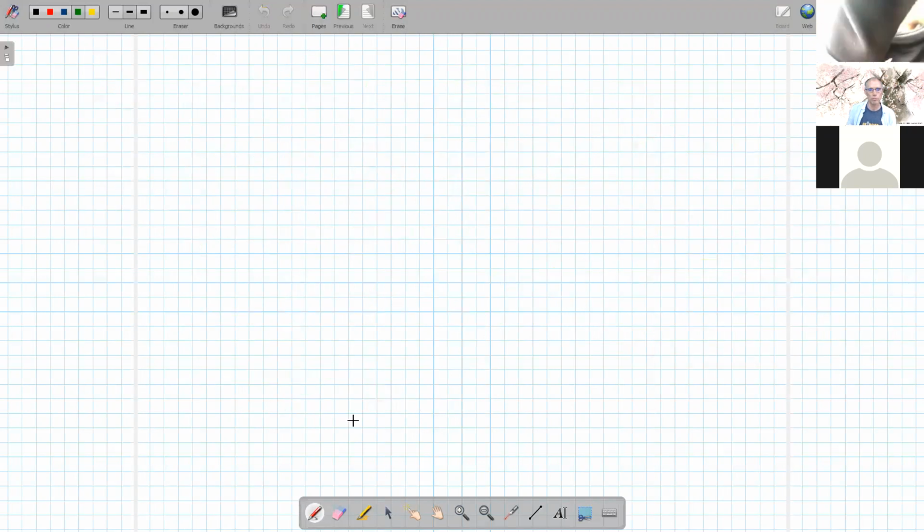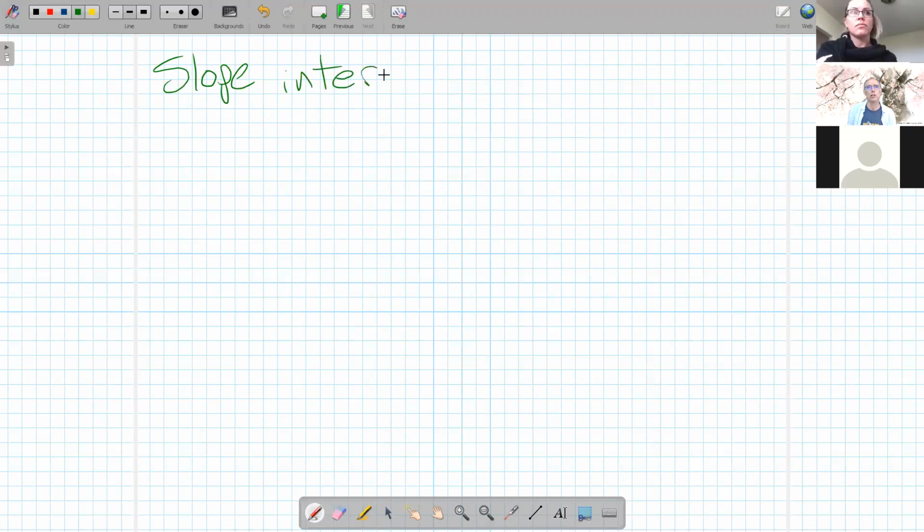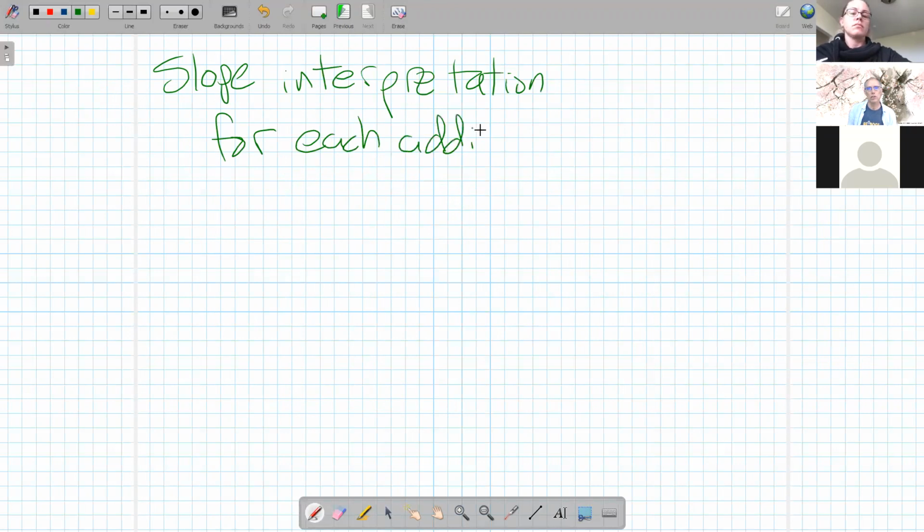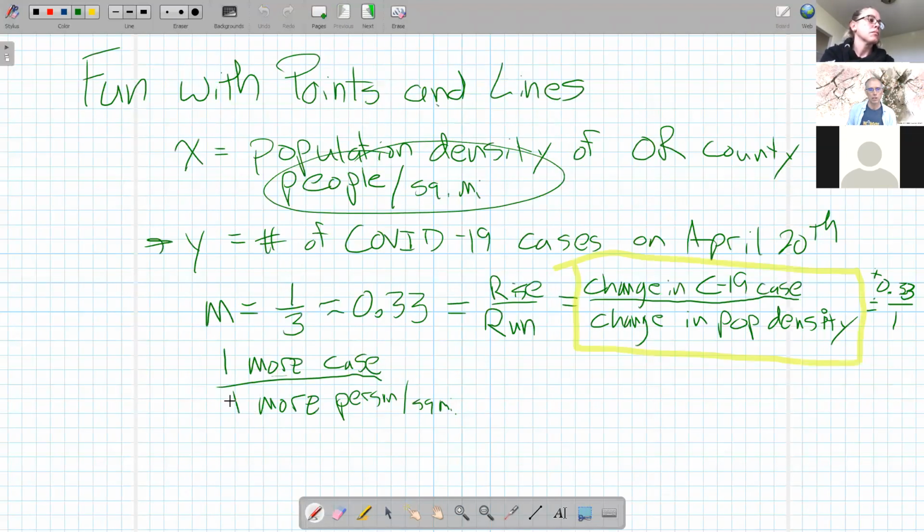So new page here. What I think the slope means, so slope interpretation, is that for each additional, and usually we start with the independent variable, the x variable, additional, so back here, 1/3 for my slope.